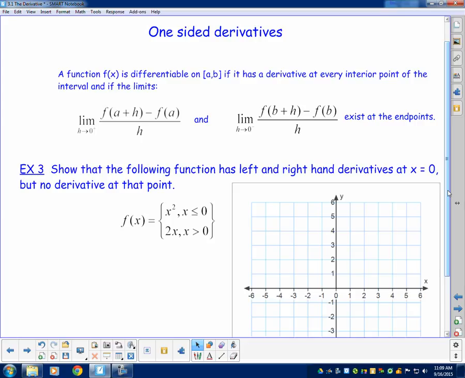Interior point would be anything between A and B, not necessarily including A and B. At the endpoints, it may not be differentiable.